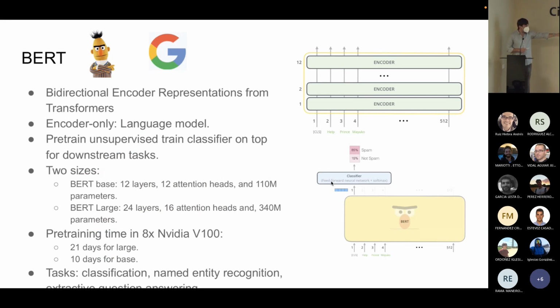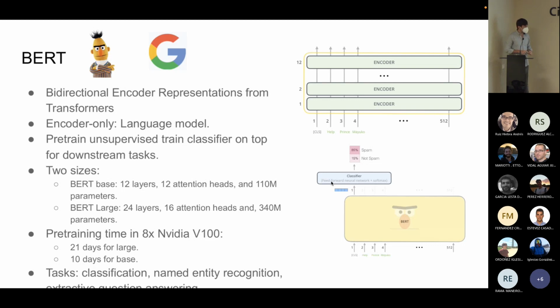We can see the scale of the model. It has begun to rise. Now we have 12 layers, 12 attention heads for each layer, not in total. It is 12 by 12. And in total, the base version had 100 million parameters. The large version was 300 million parameters. This is enormous.